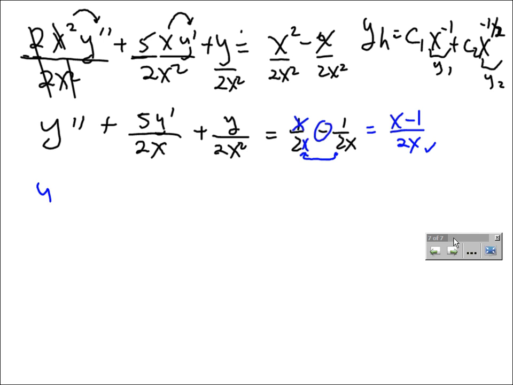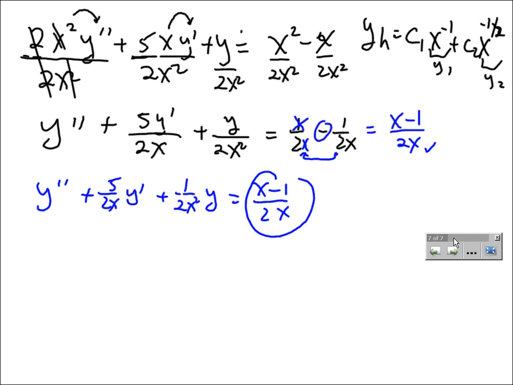Now, just to write this a little bit neater, this is y double prime plus 5 over 2x y prime plus 1 over 2x squared y, and this is that. Okay, so we have y1 and y2, and we now know g of x.